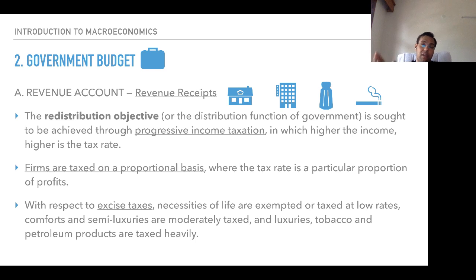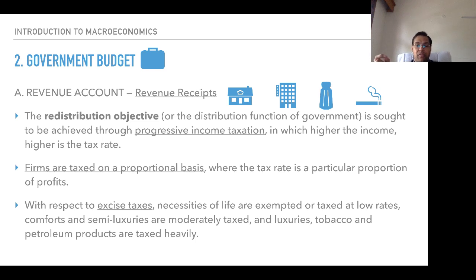Above 50 lakhs is 30% taxes plus 10% surcharge. Above 1 crore is 30% taxes plus 15% surcharge. On top of that, there is 3% education cess and secondary higher education cess. So taxes keep on increasing, right from the lower income bracket to the higher income bracket to the highest income bracket. So this is the redistribution objective.